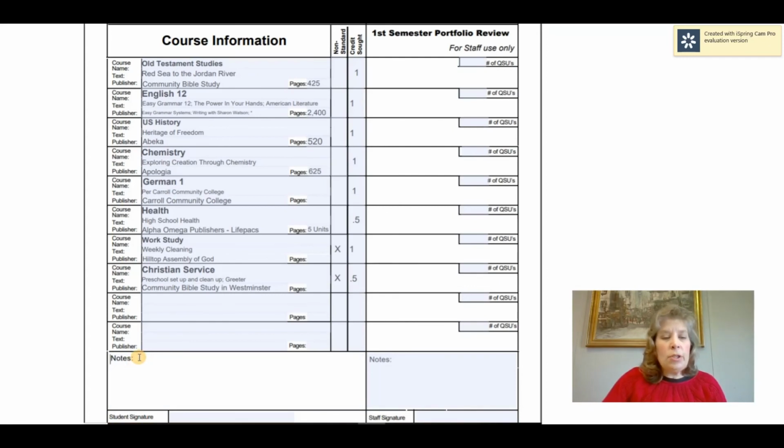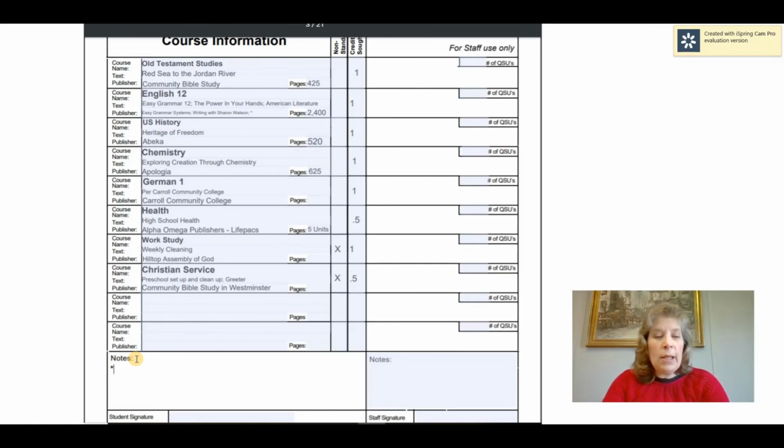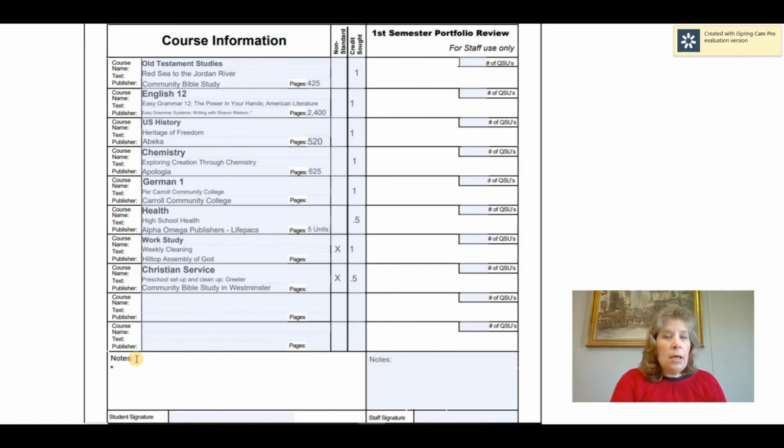Now we want to go to the notes section, and here I'm going to place an asterisk that will correspond with the asterisk that I had next to his publishers, because this will be his American literature.